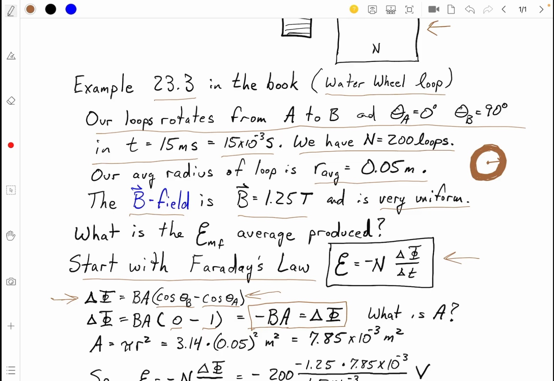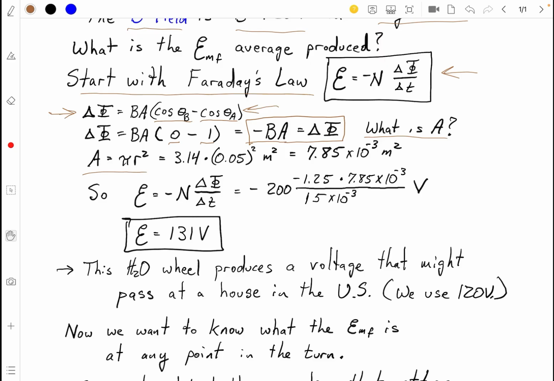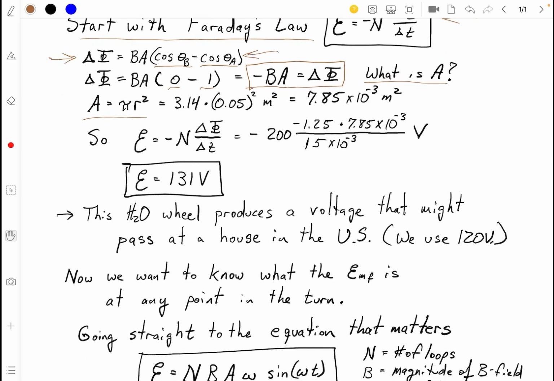So what is our area? Well, that's not too hard to figure out. Area is equal to pi r squared. So we've got our pi r squared happening, and easy enough, we can figure out that this is our area. So now we can do everything. We're going to put our N is 200.